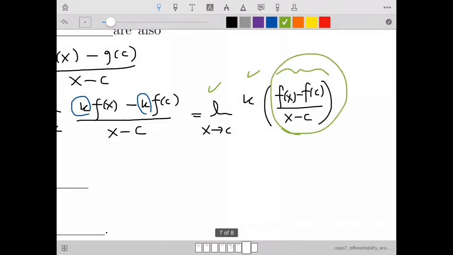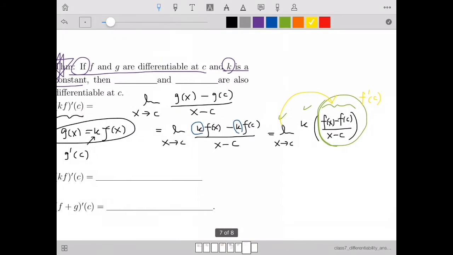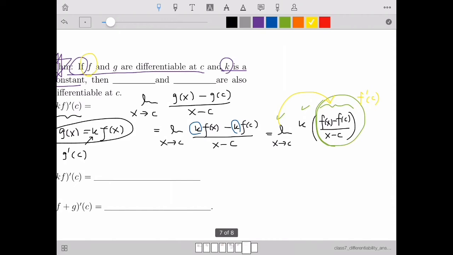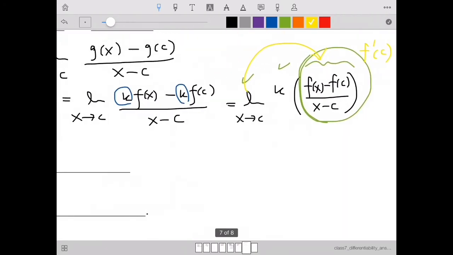If I think of that as a whole function, can we use the limit law? Yes, we can, because I know that this limit exists, f prime of c, because we assumed that f is differentiable at c. So I know that f prime of c exists as a definite number, so I can apply the limit law here.